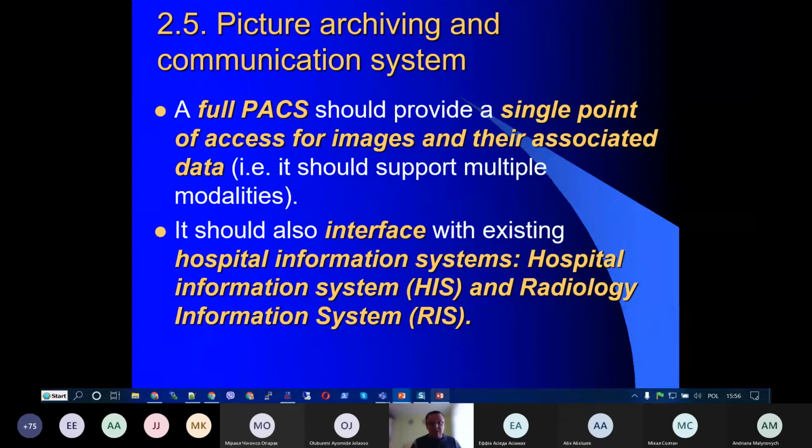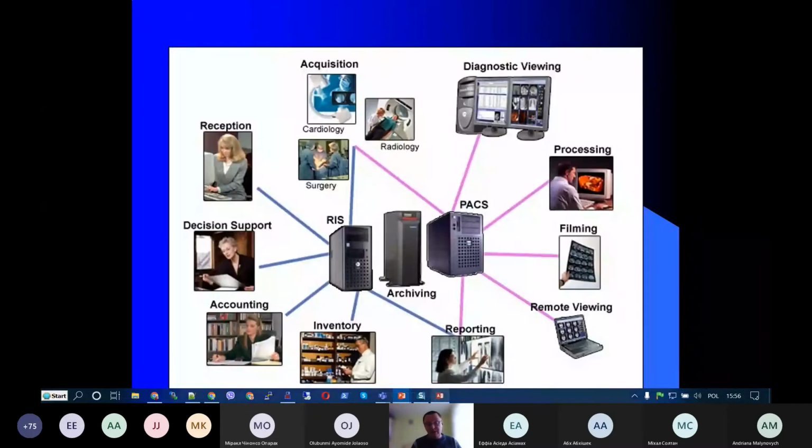So here is what I emphasized, its ability to have an interface with existing hospital information systems like HIS and radiology information system. And again, as I remember, I showed this chart in the third lecture. So here are the similarities and differences between PACS and RIS.